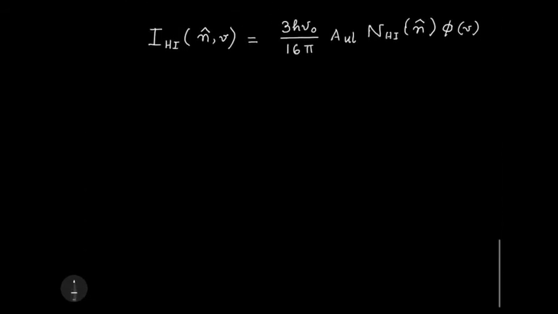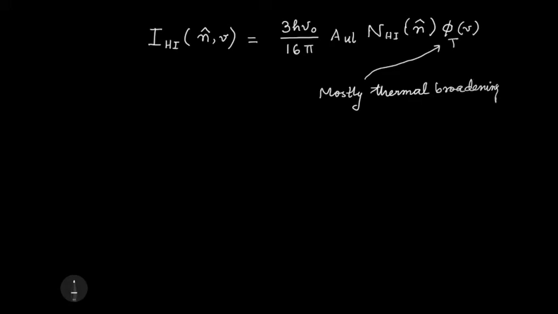So all that broadening, the line shape function gives you broadening of only, okay, there can be other things, but mostly the thermal part. So this is mostly thermal broadening.